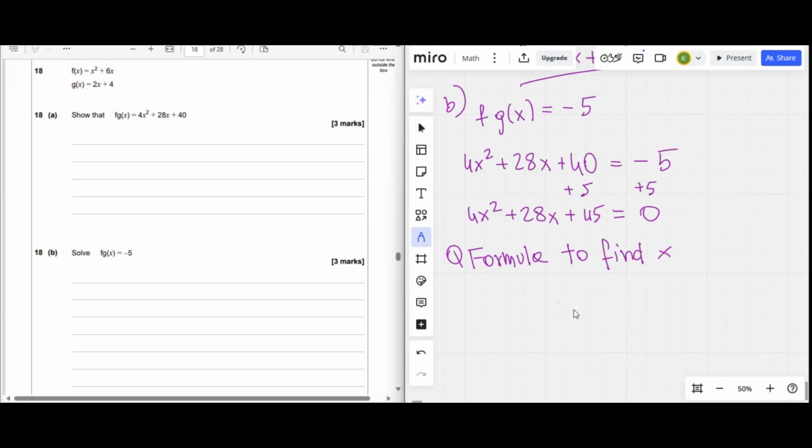All right. So first we need to identify a, b, and c. And our x would be on the fraction. On the fraction, we will be dividing by 2a. On the top, there will be minus b, and then plus or minus, because we have two results.